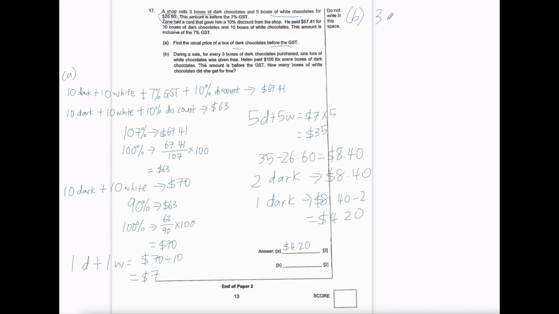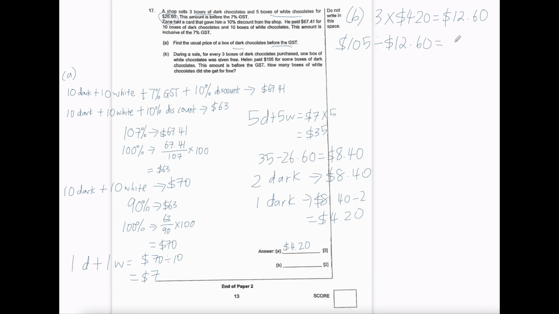So 3 dark chocolates means 3 times $4.20, which equals $12.60. Okay, so she paid $105. Let's divide by $12.60. I'll probably get a decimal or something, but it's fine.